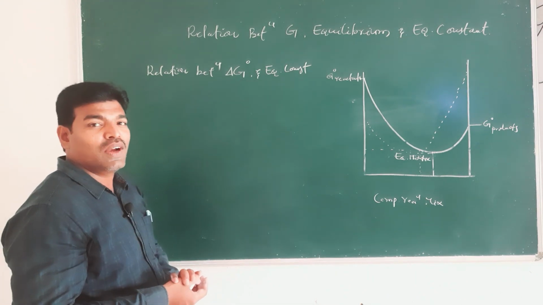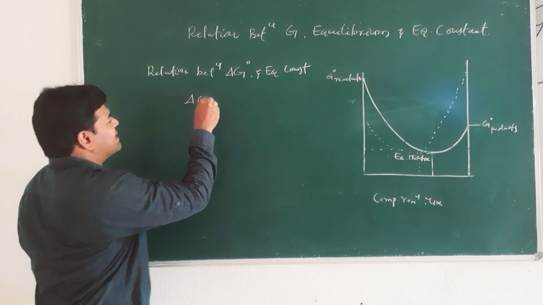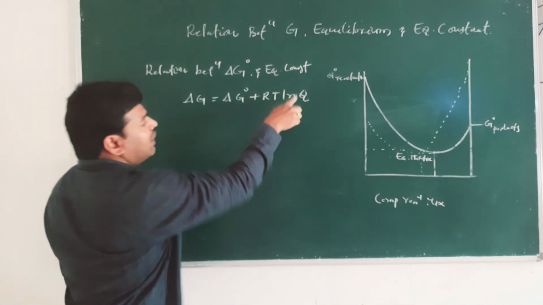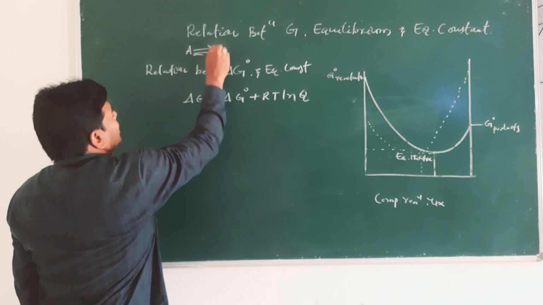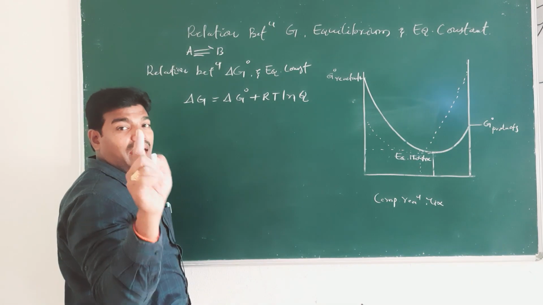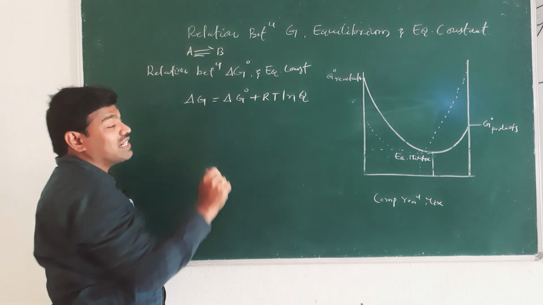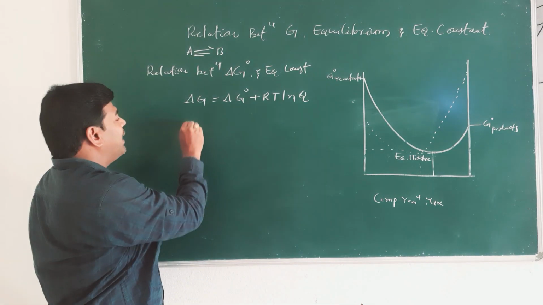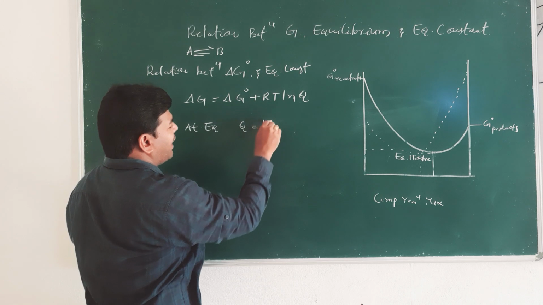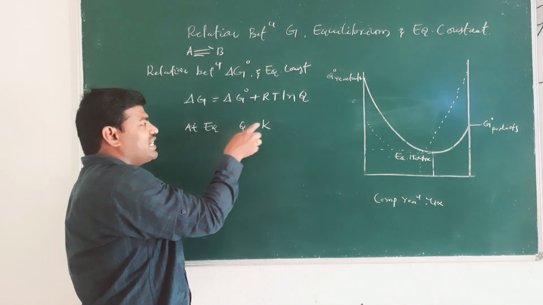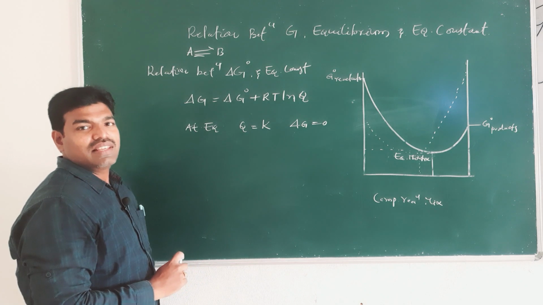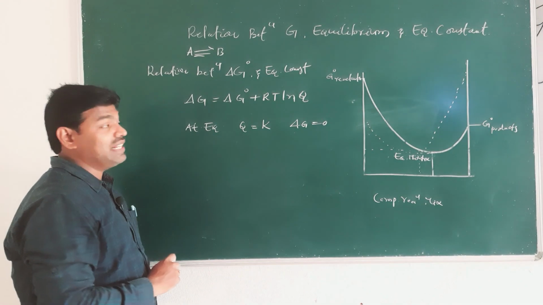From the previous classes, we know the relation delta G is equal to delta G naught plus RT ln Q, where Q is the reaction quotient for the reversible reaction A gives rise to B. When the reversible reaction reaches equilibrium, Q is equal to K, that is, the reaction quotient is equal to the equilibrium constant, and delta G is equal to 0, that is, the change in Gibbs energy is 0.